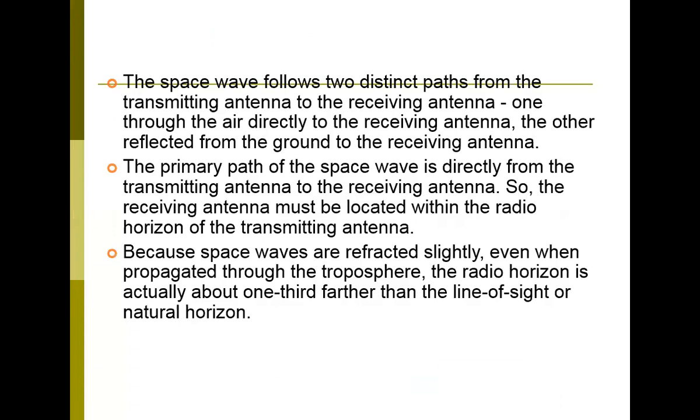Normally, space wave follows two distinct paths from transmitting antenna to receiving antenna, one through air directly to the receiving antenna, other reflected from the ground.